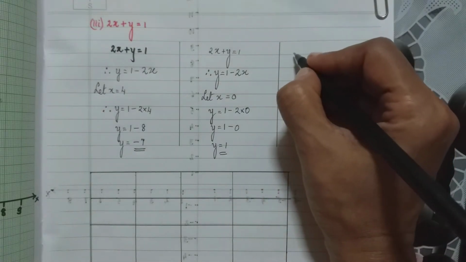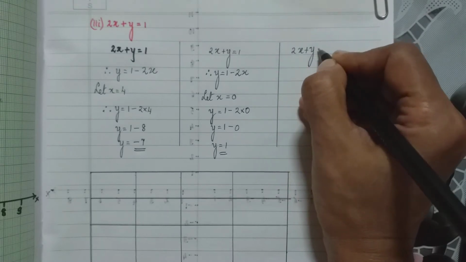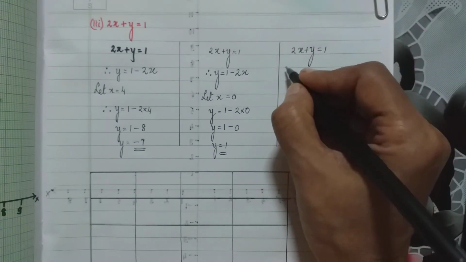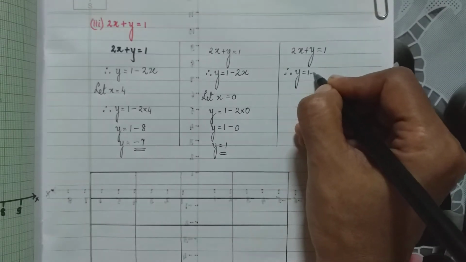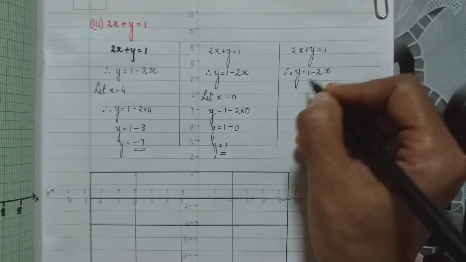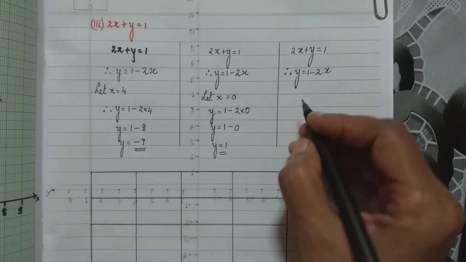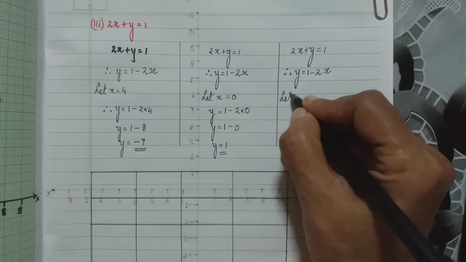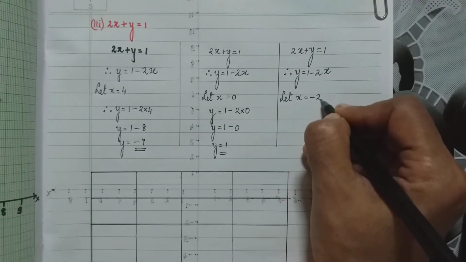Going to find the third value. First two steps as it is, that is 2x plus y equal to 1. Therefore, y is equal to 1 minus 2x. We took x as a positive value, 0, and now we will take x as a negative value. Let us take minus 2.